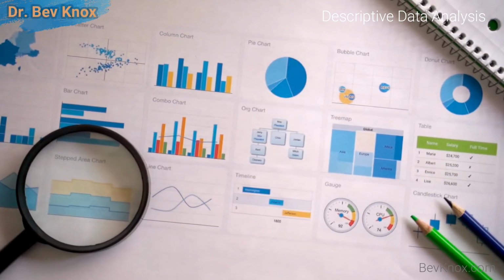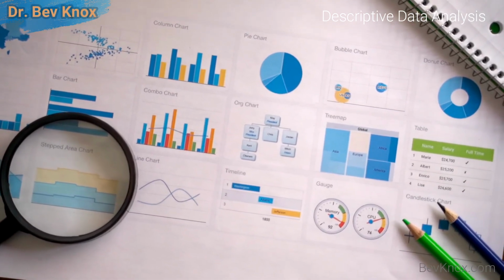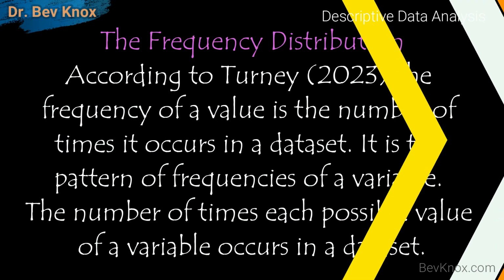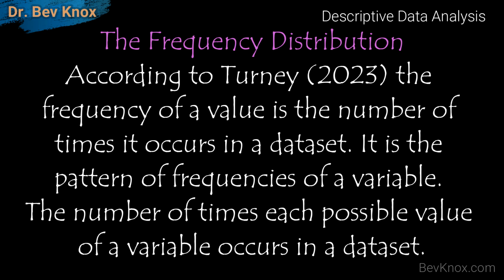So next, let's move on to the frequency distribution. What is it? Well, the frequency of a value is the number of times it occurs in a data set. A frequency distribution is the pattern of frequencies of a variable. It's the number of times each possible value of a variable occurs in a data set.